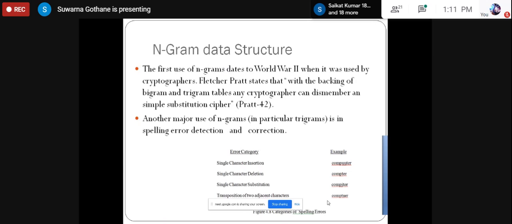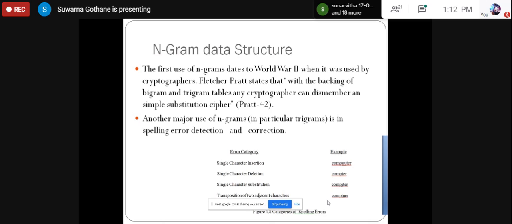Or adjacent characters, if you are writing wrongly, where you have to use T and then P, but you have written PT, that change also depends on the word vocabulary the system is maintaining. So here the n-gram data structure is used for whatever text you type. When you fire a query, certain mistakes, human errors, are going to be generated.